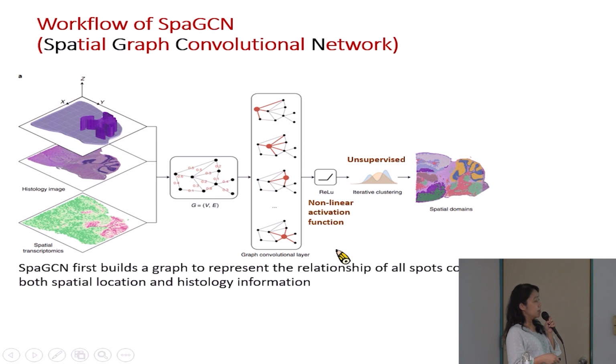Then you can count the different regions to build a graph that represents the relationship of all spots, considering both the spatial location and histology information. Then after ReLU, which is a nonlinear activation function, it will then use unsupervised iterative clustering. You can see the spatial data.